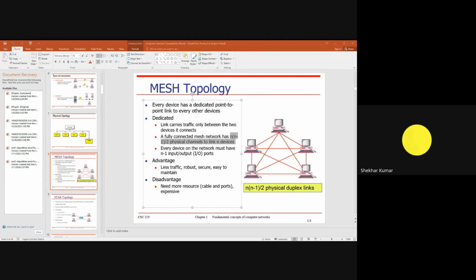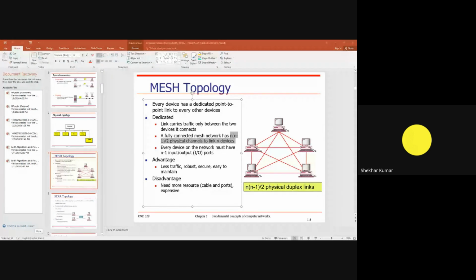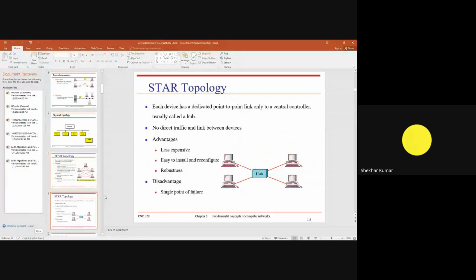The advantages are that each connection can carry its own data load, and if there is a fault, it is diagnosed very easily. The disadvantage of this topology is that installation and configuration are very difficult because we are using more cabling, so cabling cost is also more. Bulk wiring is required in the mesh topology. Next is your star topology.